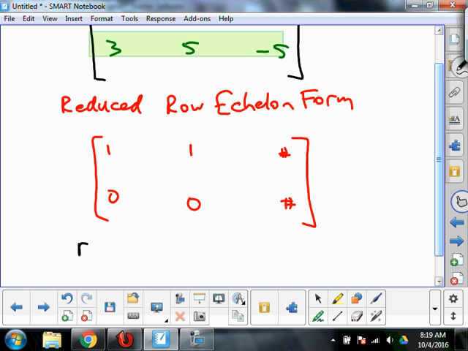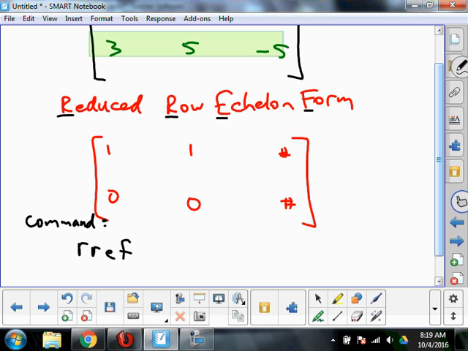R. You see where that R comes from? E. See where that E comes from? F. So this right here, what I'm about to show you, this is the command on the calculator. The command on the calculator is RREF.